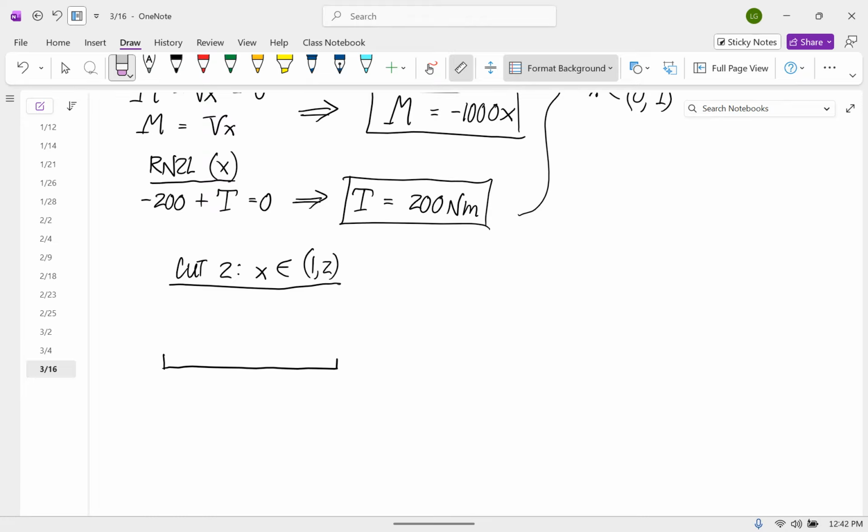So this time, we have the 1000, the 200, we have the one additional thing here. Your free body diagrams for the different cuts always have to have different features in them. Otherwise, there was no reason to do the extra cut. But this one has the extra 2000 newtons there. And then we have the internal loads.